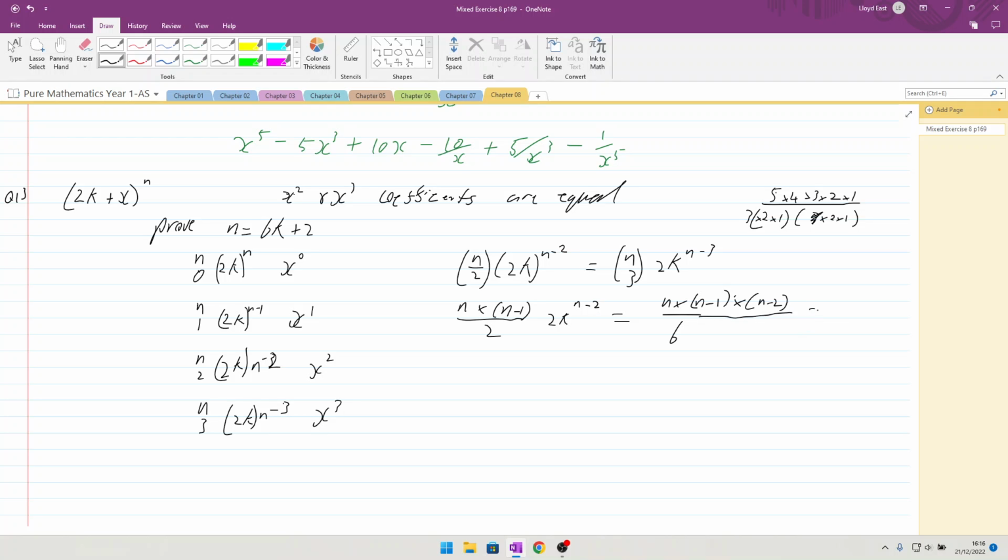Still with the 2k to the n minus 3. With all of that in, now what we've got to do is try and sort this out to see that n equals 6k plus 2, hopefully.